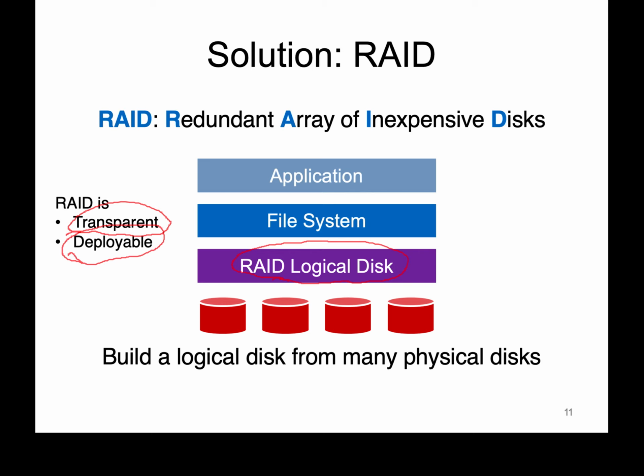Well, by deployable, I mean the RAID can be seamlessly integrated into the whole system IO stack, without requiring developers to make any significant software level modifications, or hardware engineers to make any significant hardware based modifications just to accommodate this newly introduced logical layer, right? So this is ease of deployment.